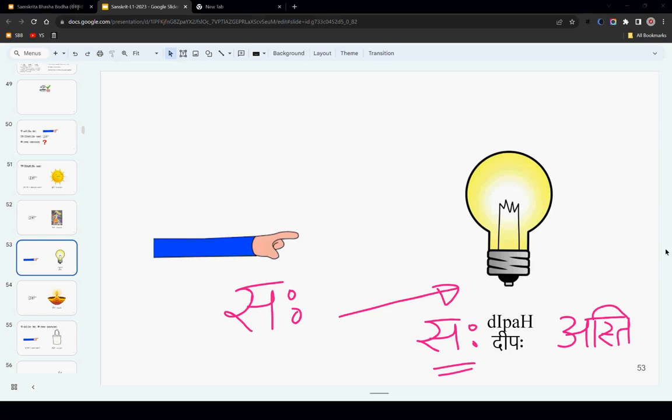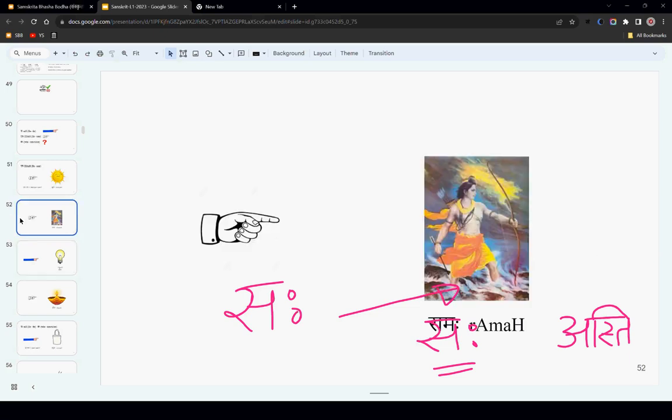Similarly, instead of Eshaha Ramaha Asti, if you want to say that is Rama, then we can say Saha Ramaha Asti, or just Saha Ramaha. That means that is Rama.